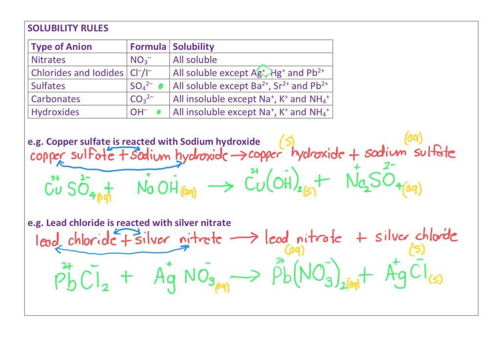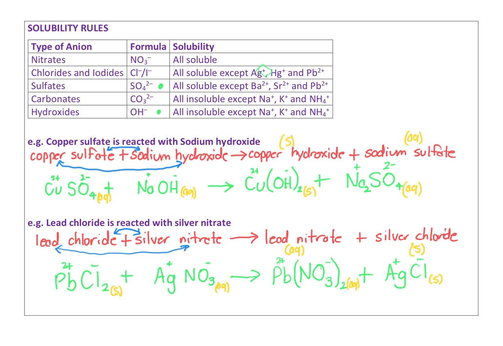So strictly speaking, the lead chloride would be a solid. So that would be more like adding a solid to a solution. It would still react to form that silver chloride. So it probably wasn't the best example to pick, picking something that was insoluble to start with, but it still shows that whole process.